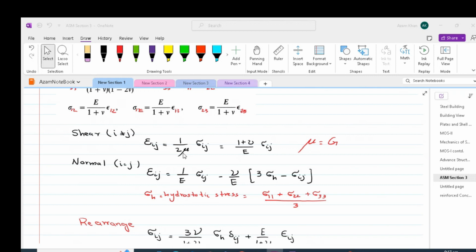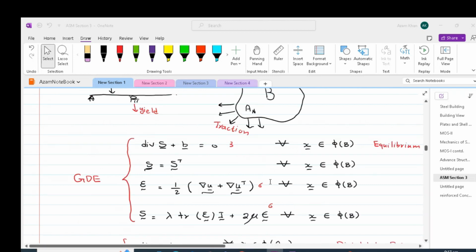The rest is straightforward. Once we know these constants, we plug them into the material model, and we get our boundary value problem and solve it. So everything follows straightforwardly. But the main thing unknown is now the constants.